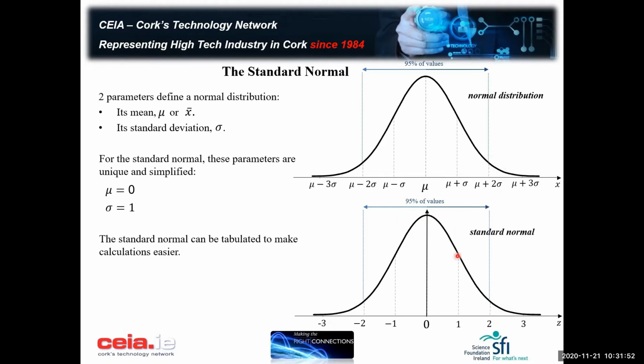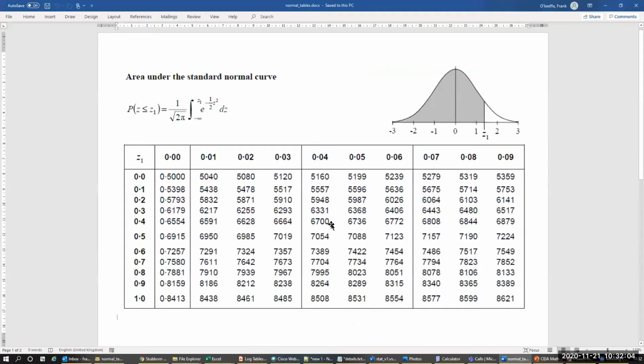It can be tabulated, and it is tabulated in your log tables. So I'll just quickly flick to the log tables there. The format may have changed a little bit in the newer editions of the tables, but it'll be the same data.